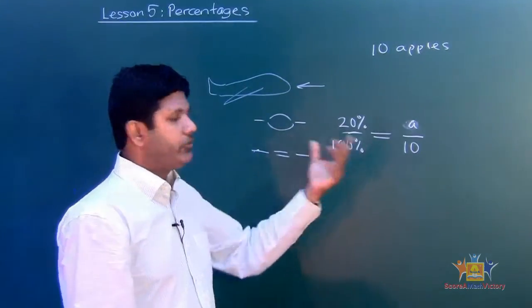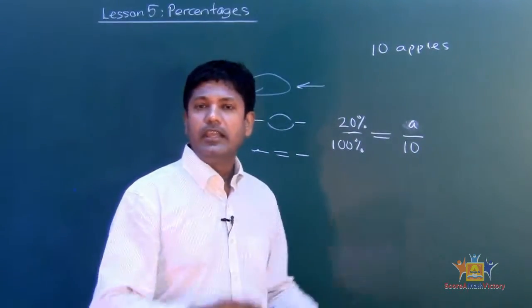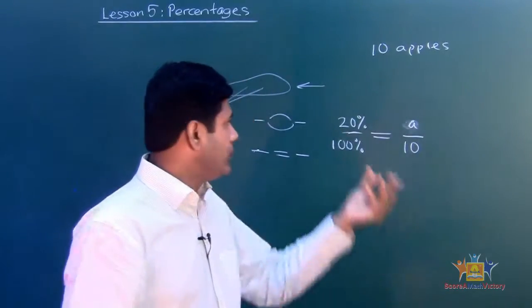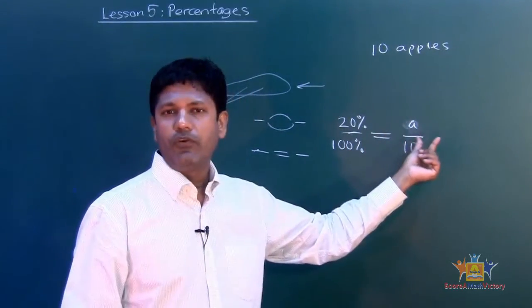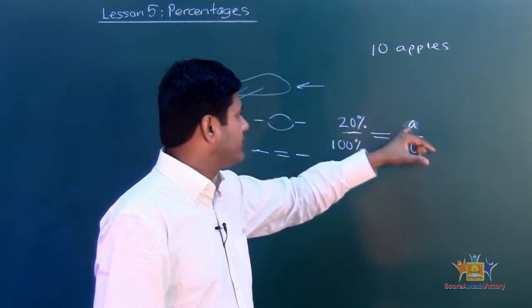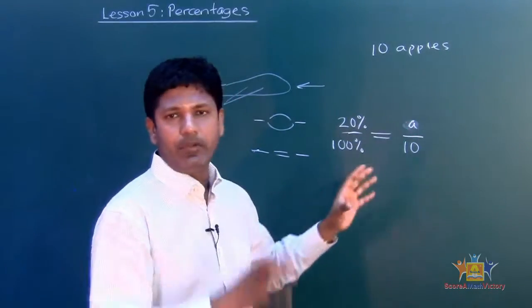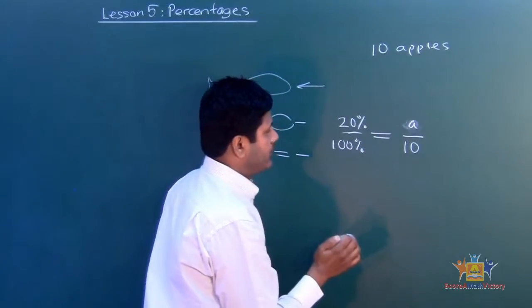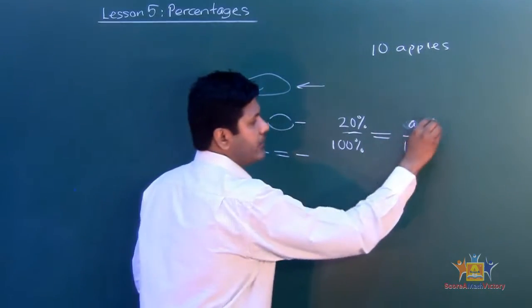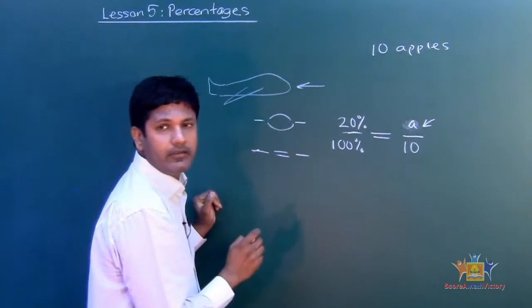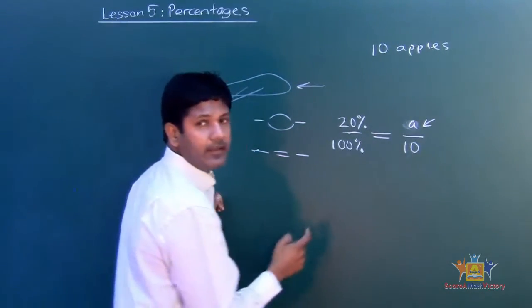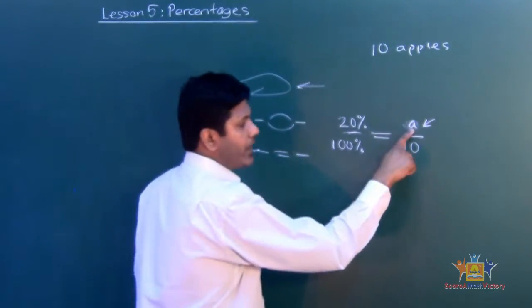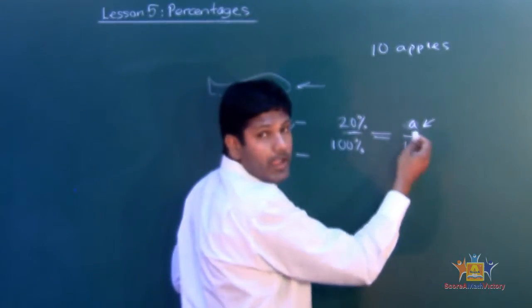Letters A, B, C, D up to Z can be variables, something you can use to represent what you're looking for. You don't know what it is, but this is going to help you find it. So we're going to put A. I'm looking for A, which is 20%, but I know 100% is 10. To solve for A, we're looking for A.